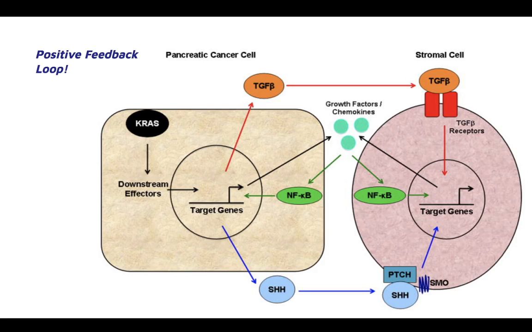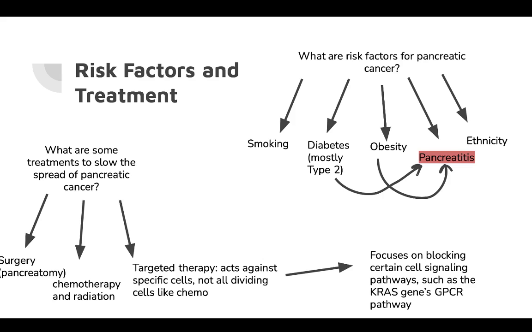What happens is basically a positive feedback loop where these chemokines and growth factors feed back into the cell as more ligands, and then that interacts again with the nucleus, creates more transcription factors, and therefore you can see how the KRAS gene eventually affects cell cycle progression and cell signaling and all the things that lead it to be a cause of pancreatic cancer.